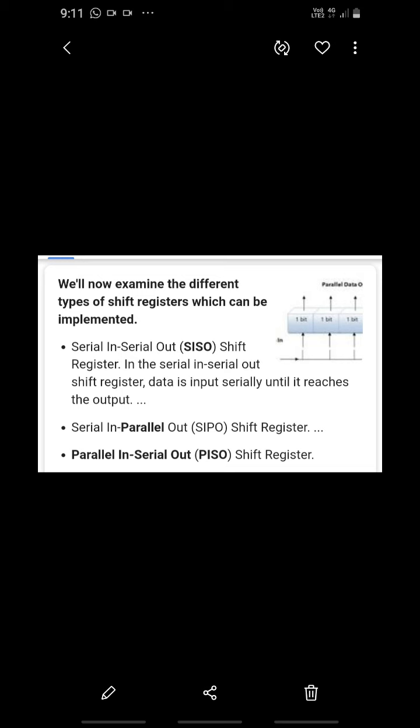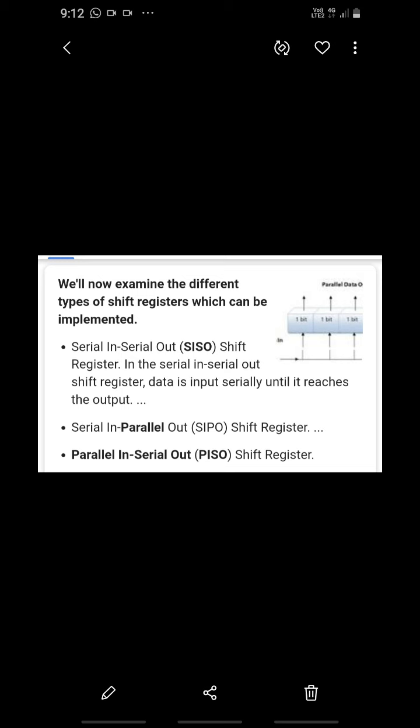Next, need for register. The two basic functional characteristics of a register are temporary storage and shifting capability. Temporary storage.